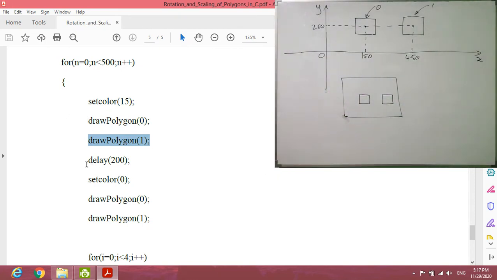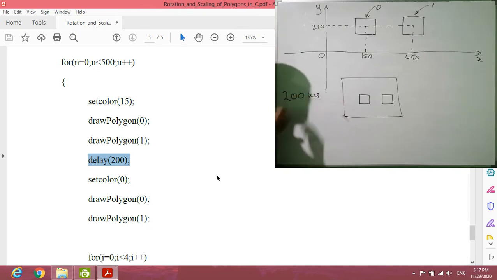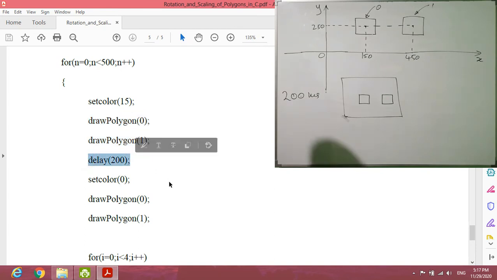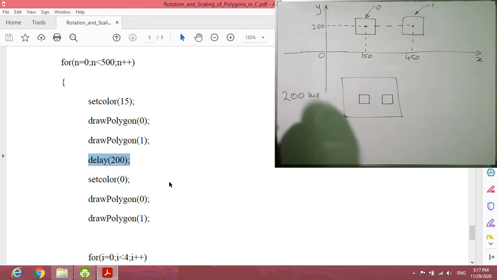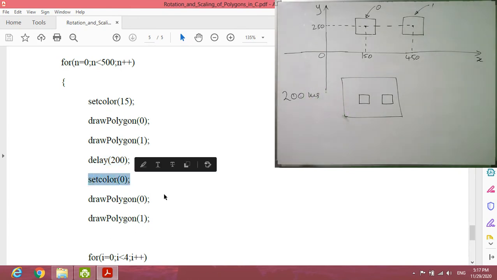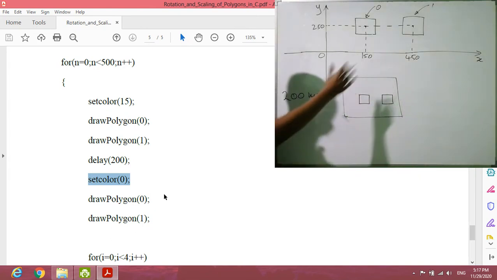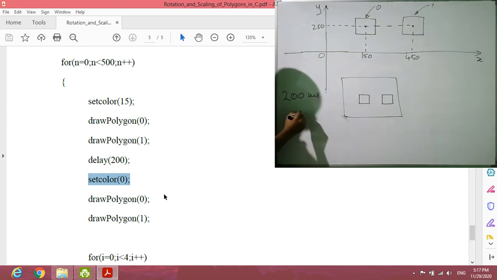Now we have a delay of 200, which means 200 milliseconds of delay. That means we have drawn the two squares, then we wait 200 milliseconds until we come to the next line of code. Then here set color. I have told you the background of our graphics screen is black, that means number 0.